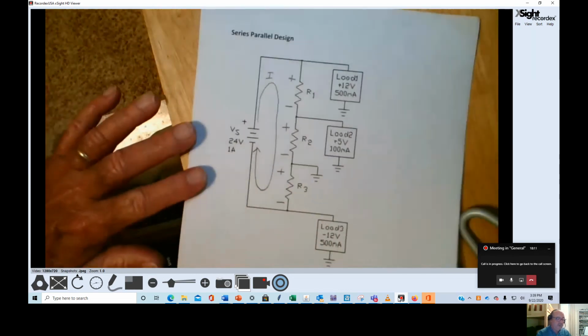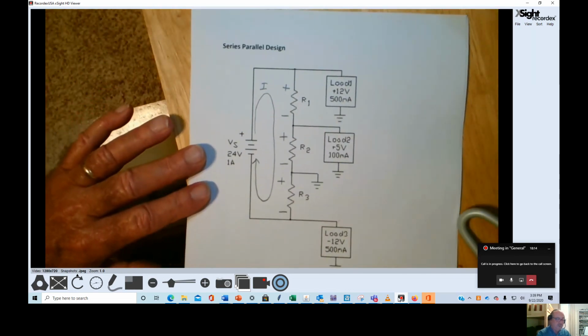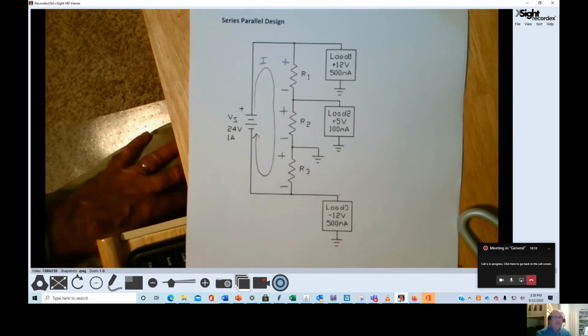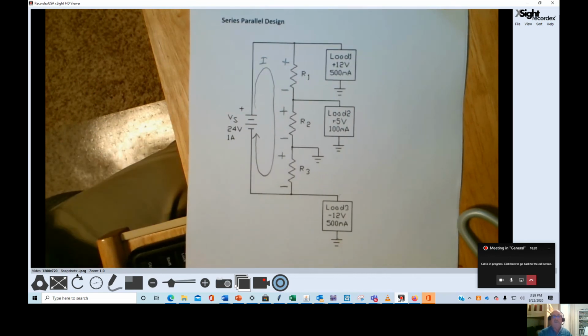So again, when presented with a design problem such as this circuit, we only have to make use of the 3 fundamental laws of electricity: Ohm's law, Kirchhoff's voltage law, and Kirchhoff's current law.